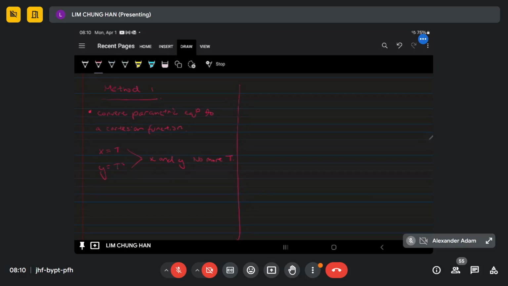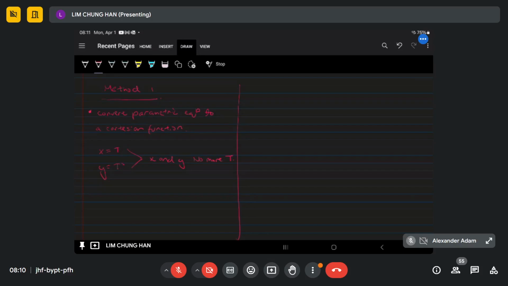That's the first method. You combine these two into a function that consists of only x and y and no more t. From two functions you go to one function. So let's tackle this method first.